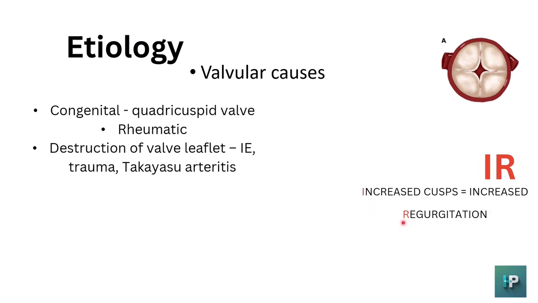Here you can see it is a quadricuspid valve, 1, 2, 3 and 4. Four cusps are present. Other causes are rheumatic heart disease and destruction of valve leaflet by various causes such as infective endocarditis, trauma or arthritis.